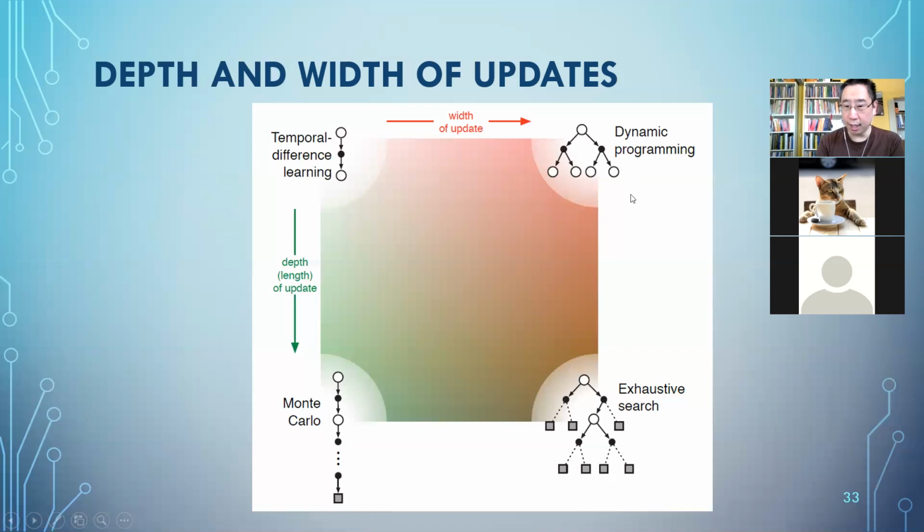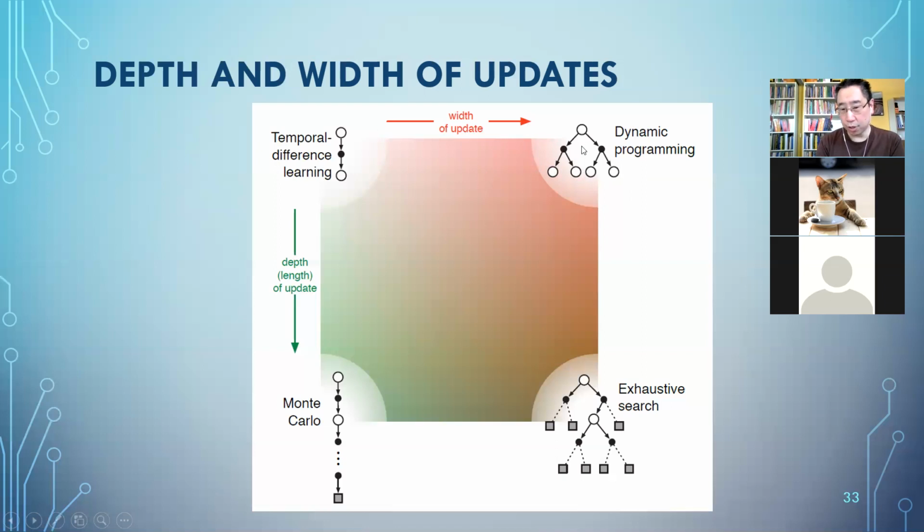So it's still very shallow, but it's fully wide. Now, if you have a really good, accurate model of your environment, then dynamic programming will give you very accurate values when you do this. So that's wide but shallow.